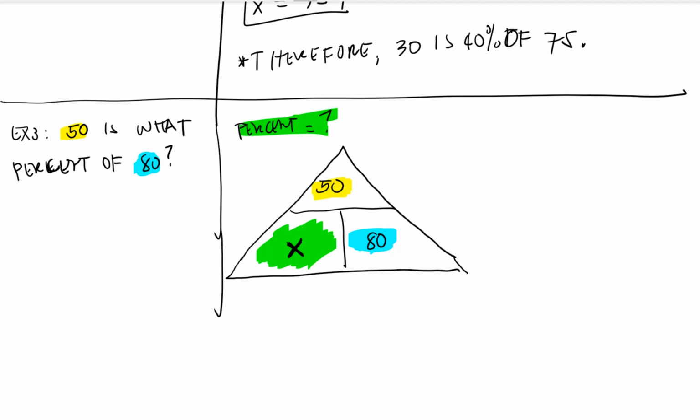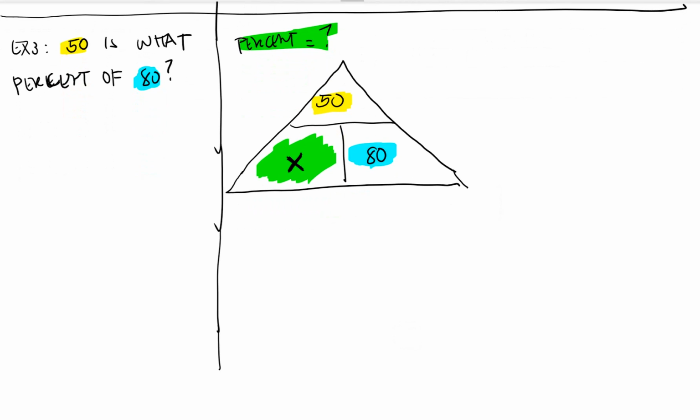So in this case, as you can see, X is located in the lower left. Again, to get the equation out of that, you just cover the lower left. So you can see you have 50 on top and 80 at the bottom.